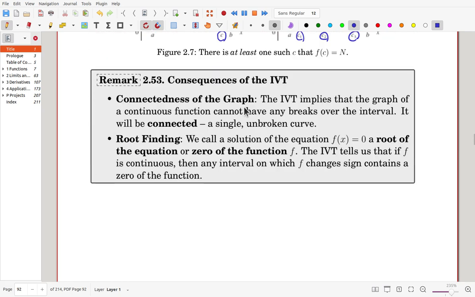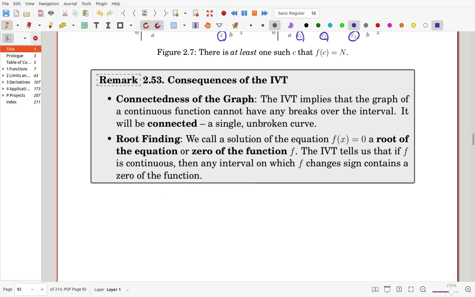Okay. Now, a consequence of the intermediate value theorem is here. A continuous function is connected. Basically, once it's connected and there are no breaks, then it is a continuous function. And here, the intermediate value theorem can be used to prove the existence of zeros of a function or roots of an equation.